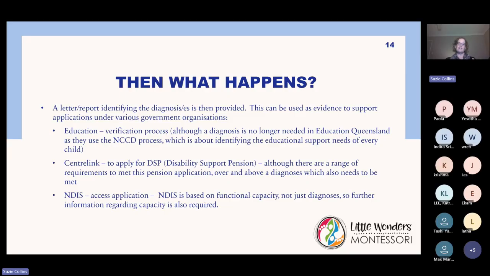So when you go and see a psychologist or your paediatrician, it's really important that when they do that assessment and find that diagnosis, they're aware of what the purpose of the assessment actually is, because then they can tailor the report to address the needs of whichever education system they're using, or which Centrelink process they're going through, or if it's for NDIS purposes.